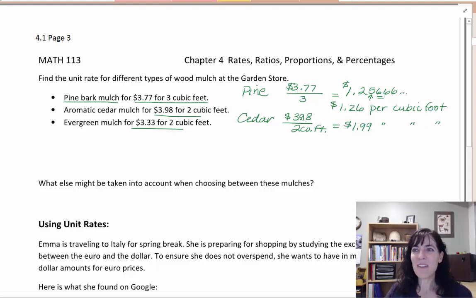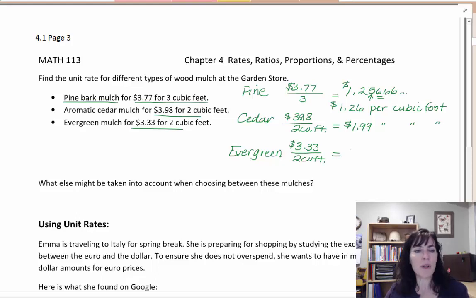Okay, the last choice that you have is evergreen. I think that's just like the trash of the pine trees or something. I don't know why they would call it that instead of the actual type of evergreen, but whatever. That one costs $3.33 for 2 cubic feet.